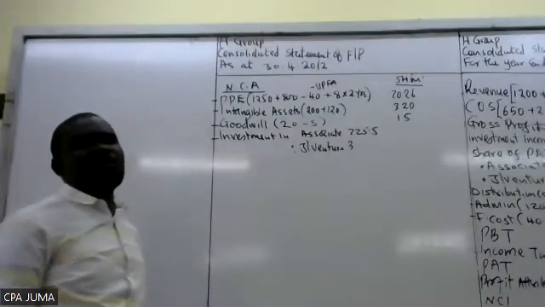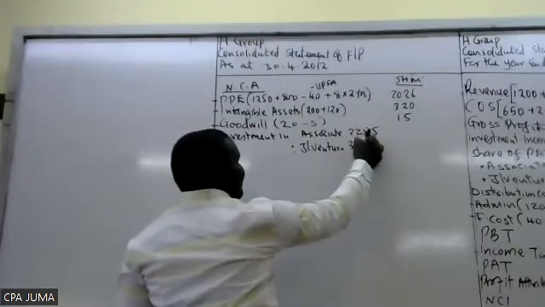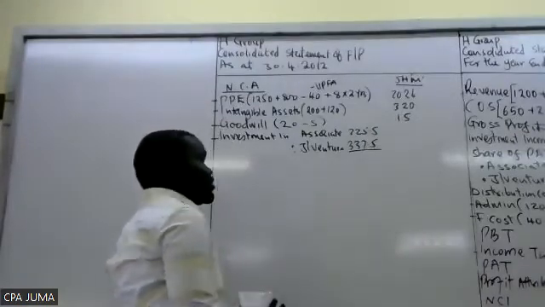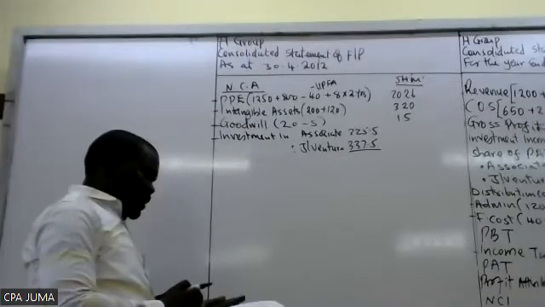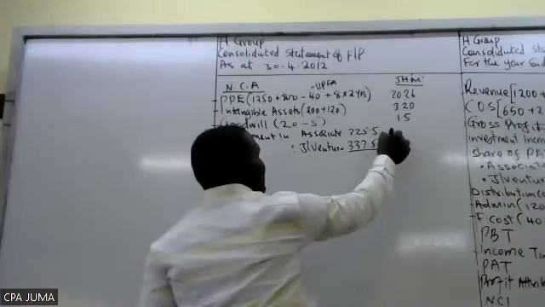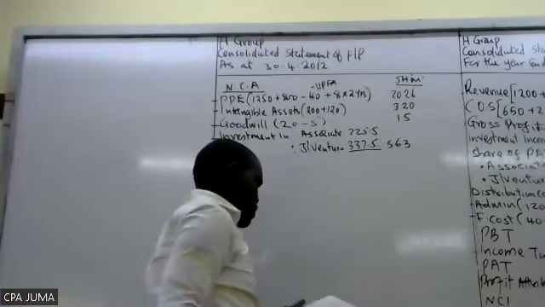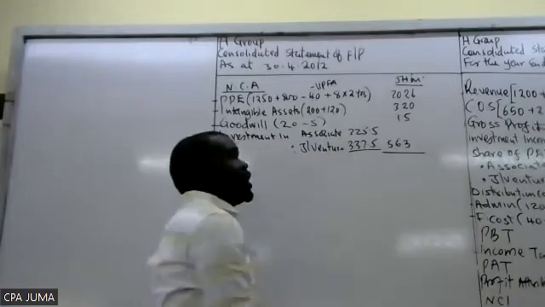Investment in joint venture. How much was it? 337.5. So the total investment in these small companies is 563. Therefore, you will give us this total here. Can you add?